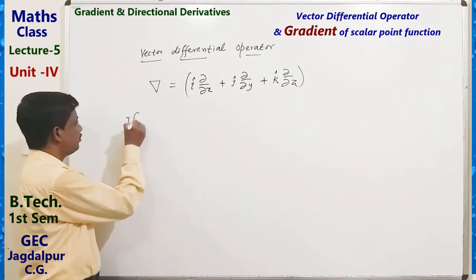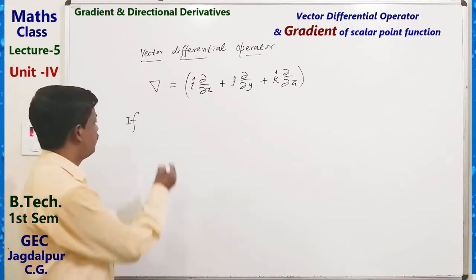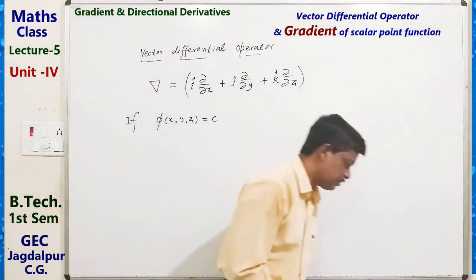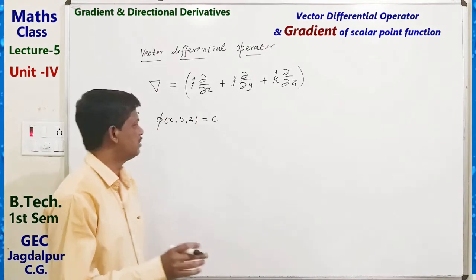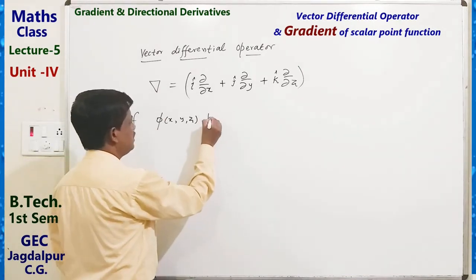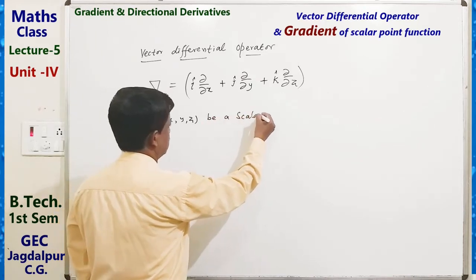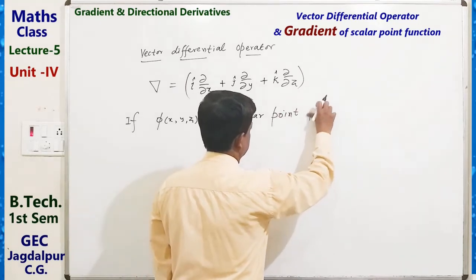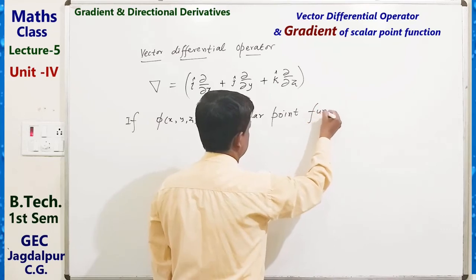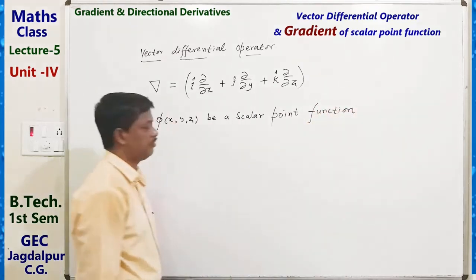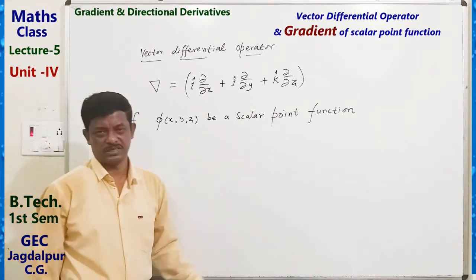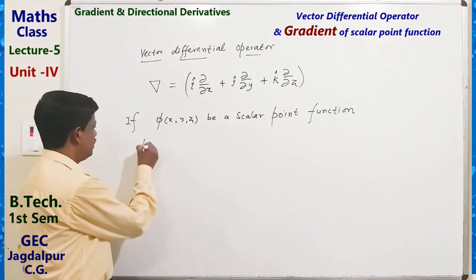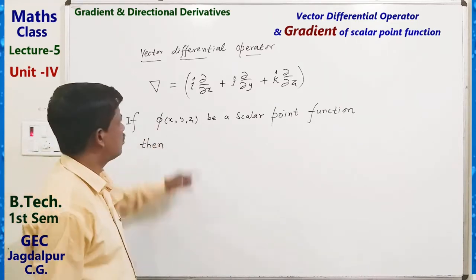Now if phi(x, y, z) is a scalar point function, then just apply this operator on that function.